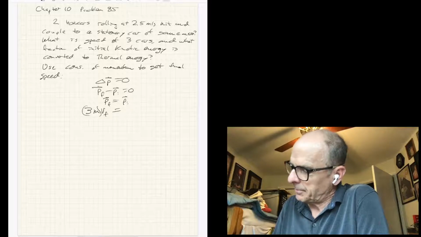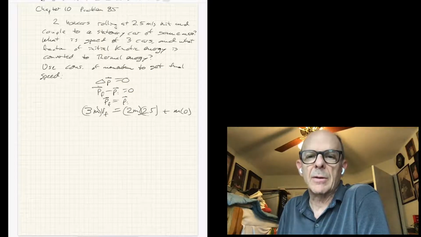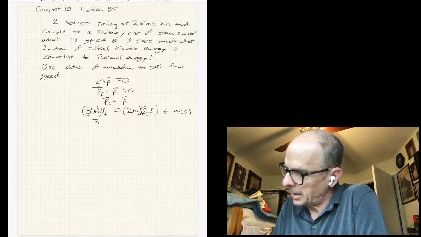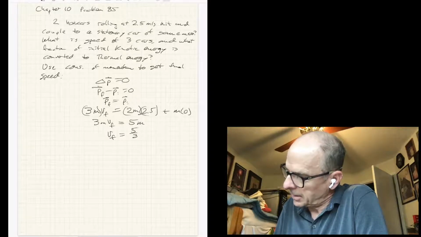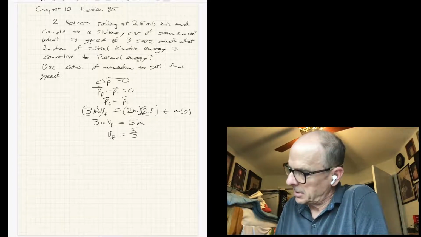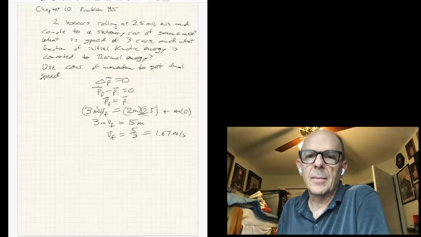And the initial momentum is 2 train cars traveling at 2.5 meters per second plus m times 0. The third car has no momentum. So that gives me 3m Vf equals 5m, or Vf equals 5 over 3. The m's cancel. That's 1.67 meters per second.